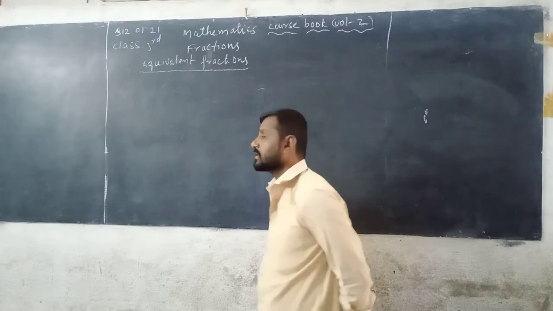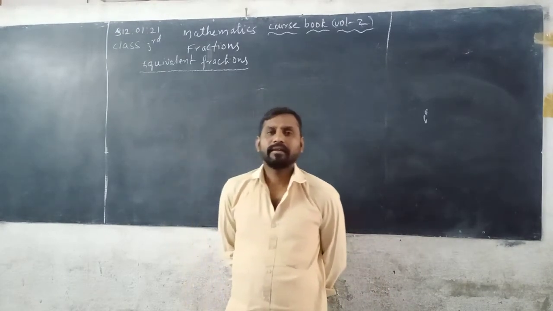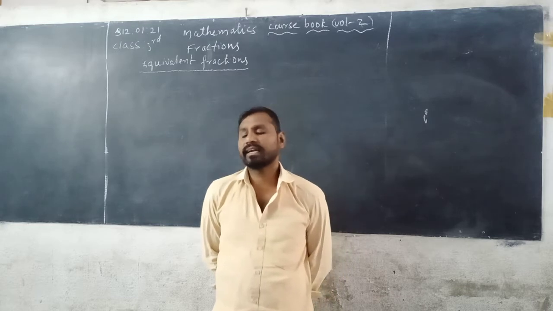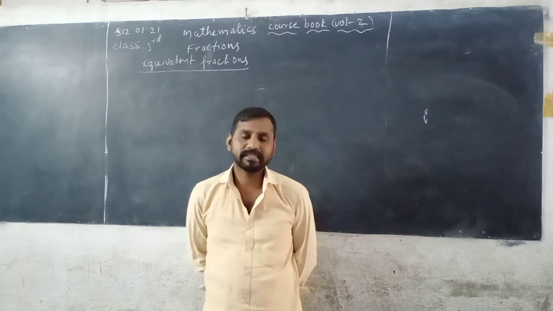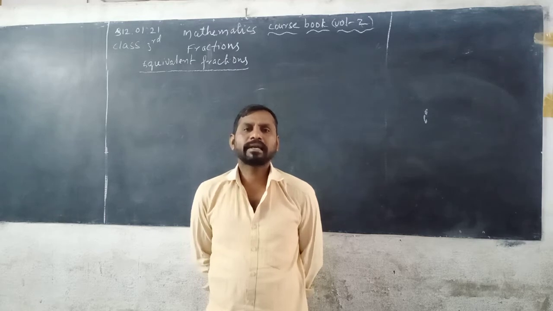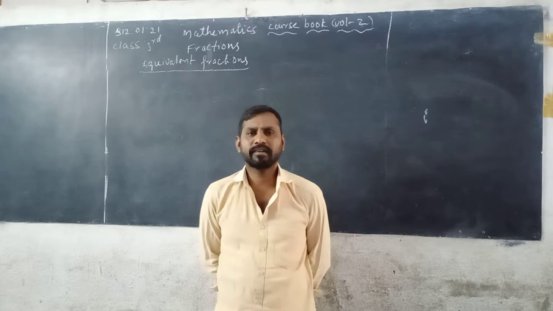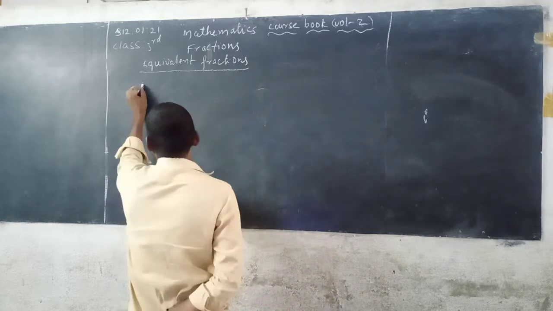See here, equivalent fractions. When the numerator and the denominator of a fraction is multiplied by the same number, you can get equivalent fractions. Everybody write it down.